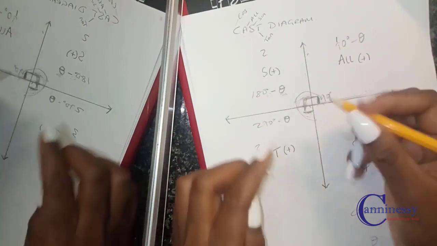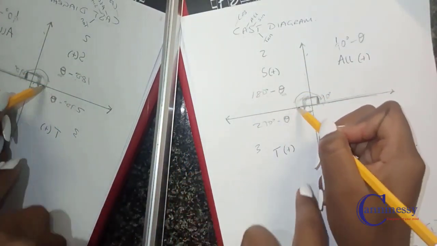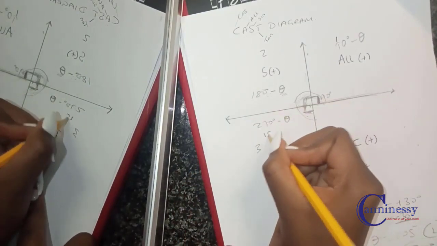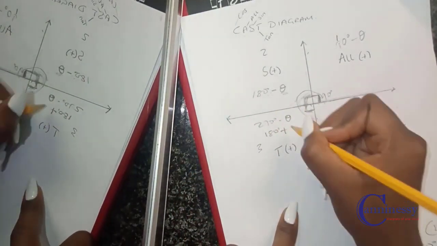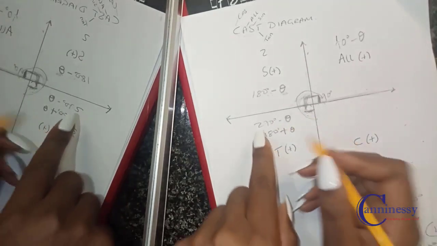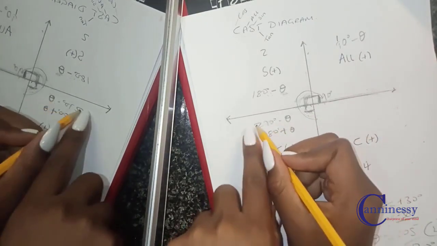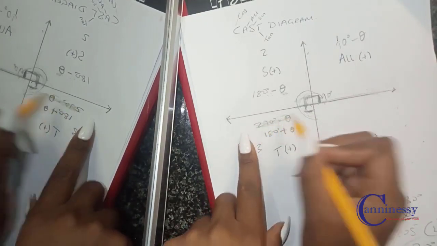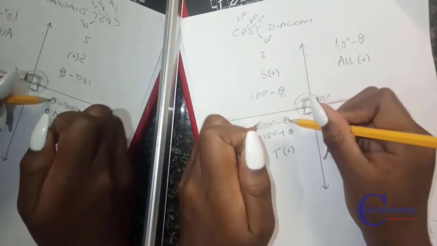And it can also mean that since the maximum here was 180, once you go above 180, it's 180 plus what? Always the reference angle. We don't use 270, it is not used in our syllabus, but it is also a condition that can be used for this quadrant.